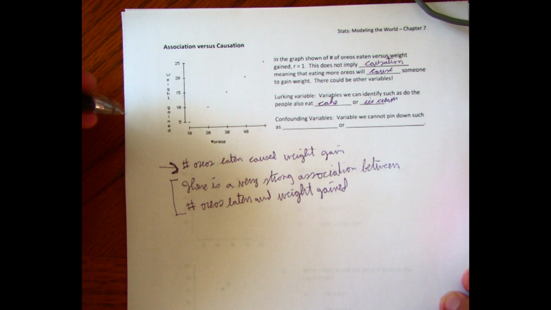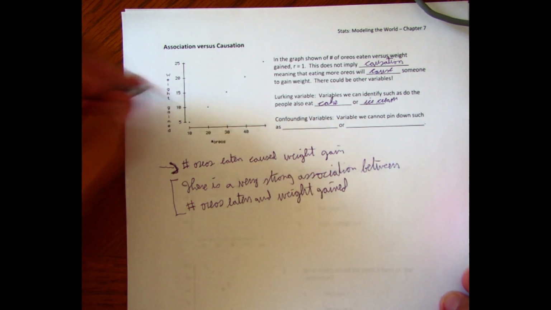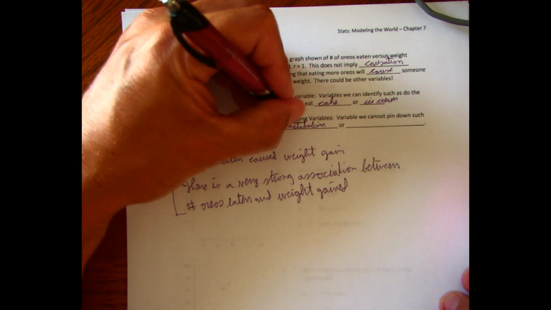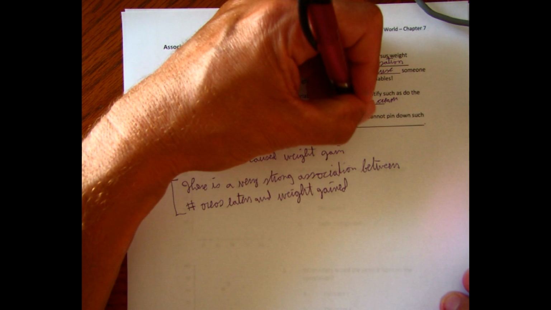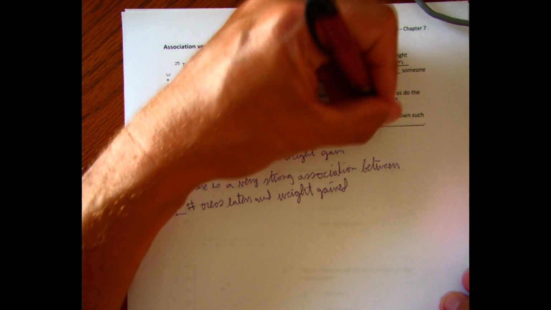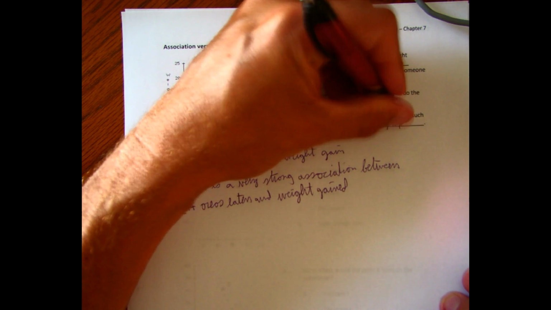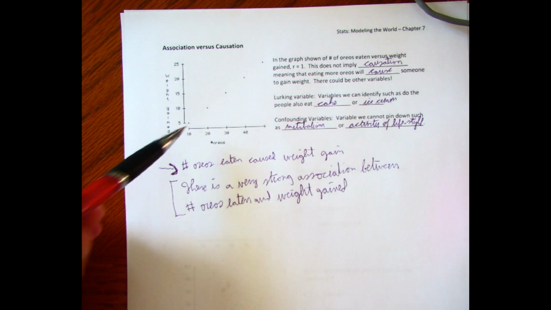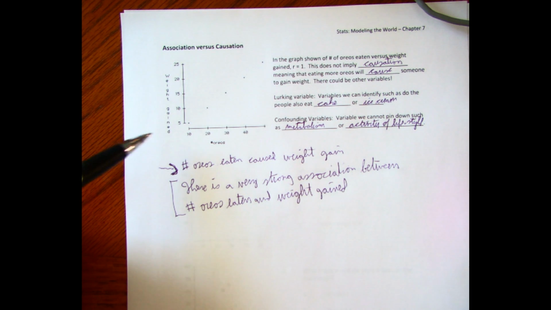Confounding variables we cannot pin down, such as metabolism, or activity of lifestyle. Okay, like I talked about, could be that people who are over here are more active. We don't know. Alright, so we can't just say, well, it's just Oreos that cause weight gain. We would have to look more closely at what their lifestyle habits are.